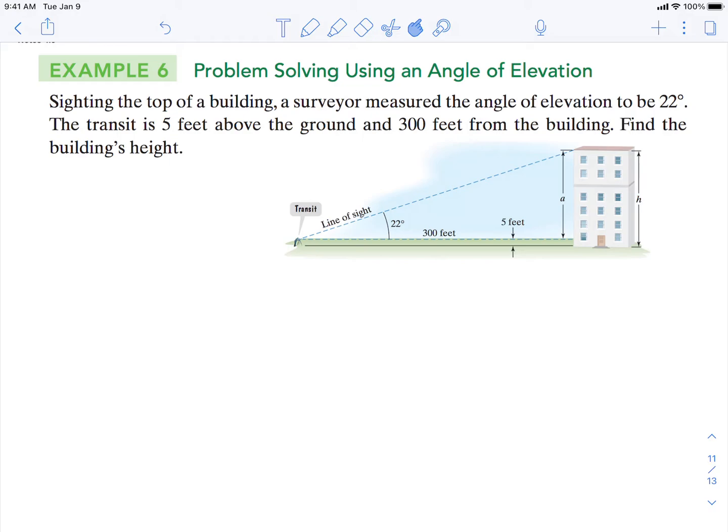Sighting the top of a building, a surveyor measured the angle of elevation to be 22 degrees. So here is the surveyor. Here is your building, and that line of sight is going up to the top of the building. Here is your horizontal line, creating a right triangle, and this angle of elevation is 22 degrees.